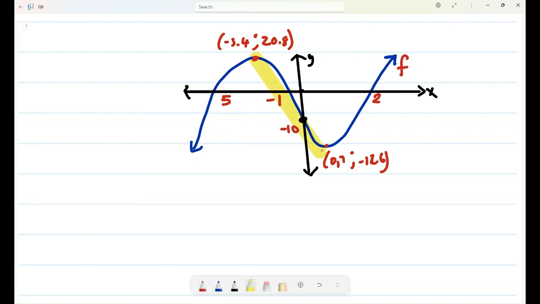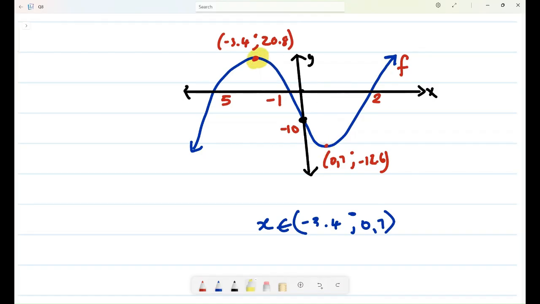You see it is negative, right? It is from when x is an element of between -3.4 and 0.7. It is decreasing, right? And here, how is our slope? Increasing, you see? So the interval that we are looking for is from here to here.